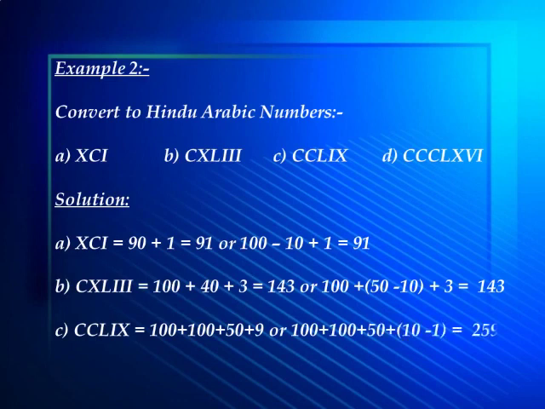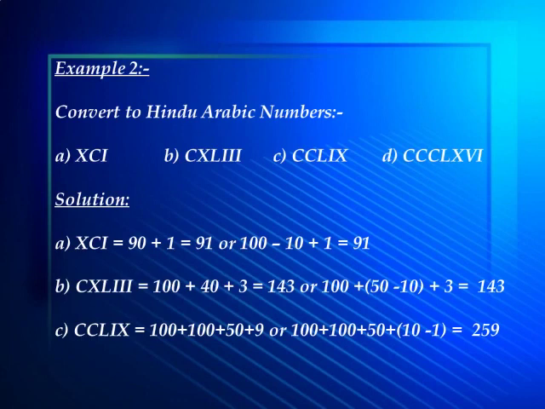So in the same way, CCLIX can be written as 100 plus 100 plus 50, and this IX can be replaced as 10 minus 1. So it is nothing but 100 plus 100 plus 50 is 250, plus 9 is 259.